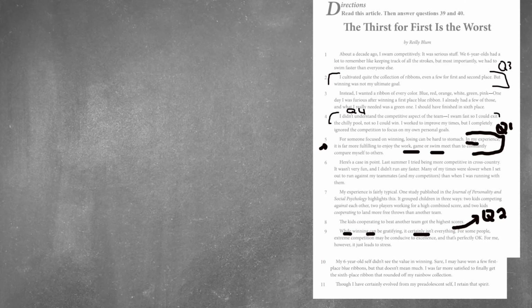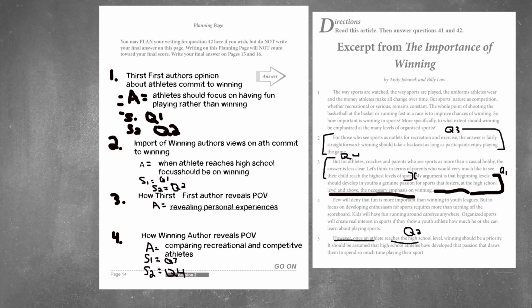So now we go back to the planning page. The author for Thirst for First is the Worst reveals her point of view by revealing personal experiences. Let's change that to by using or describing personal experiences. I didn't want to use reveal because reveal is in the actual question.